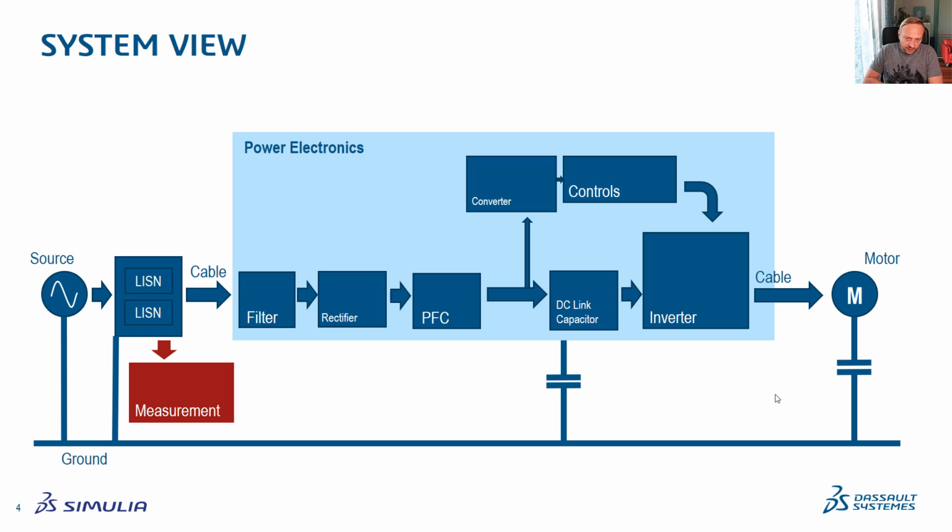When we look at a typical inverter, here is a system schematic. You see we have the source on the left-hand side, and the LISN, where we couple out to the measurement. Then there will be some cable which connects to this light blue box, which is the power electronics. You will typically have an input filter, depending on your source, and a rectifier, which might be required when you have an AC source. Then typically a power factor correction, which again depends on the inverter type.